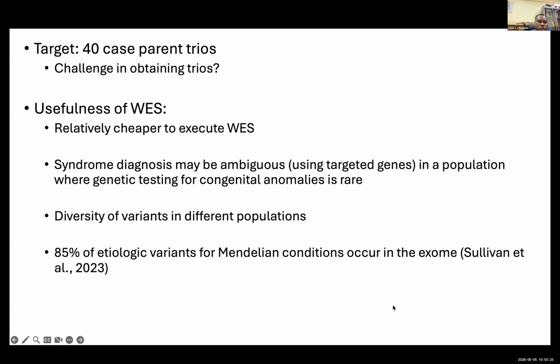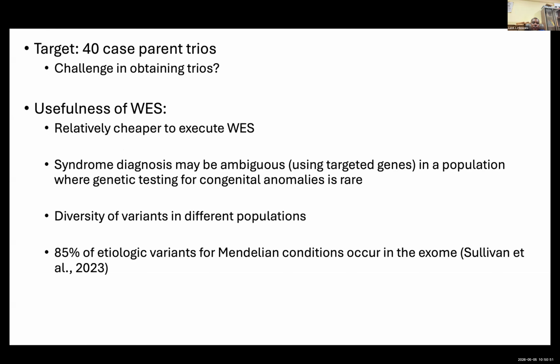So WES is very important. Whole-exome sequencing is a very good approach at a clinic because it's cheaper compared to whole-genome sequencing. There's less data to manage. The exome is just about 1 to 2% of the entire genome, so it's easy to manage. And again, it's also very important because it can help us to pick up a lot of coding variants from different populations.